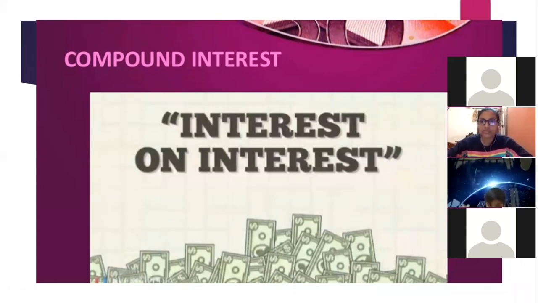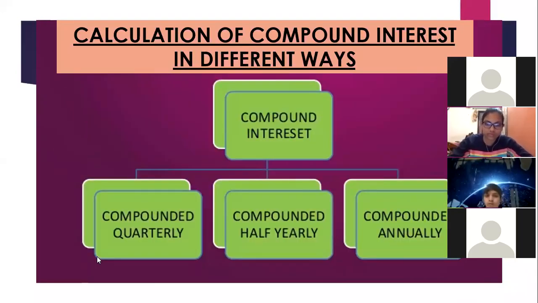Okay. So let's move forward. Compound interest is interest on interest. So how do we calculate compound interest? There are 3 ways of calculating compound interest, and the 3 ways are displayed on the screen. One is that we calculate the interest annually, which is compounded annually.